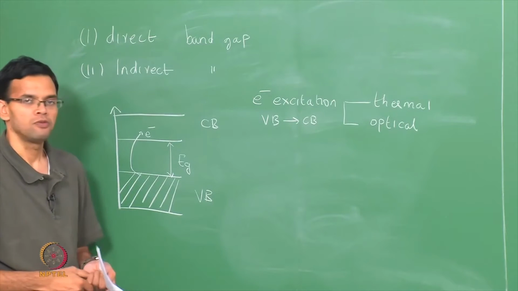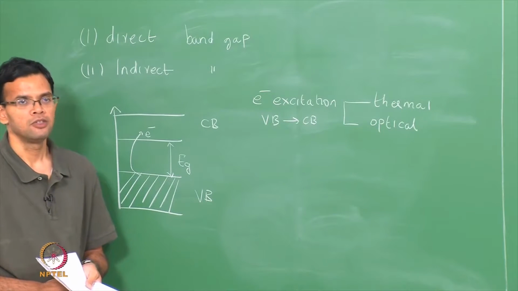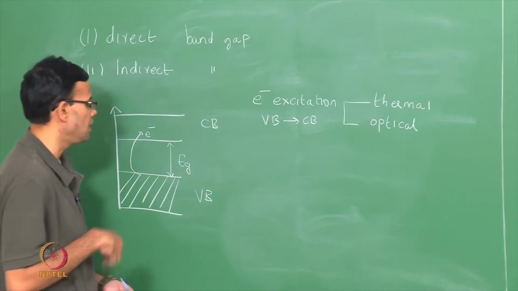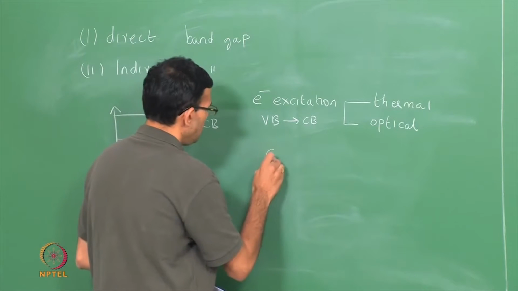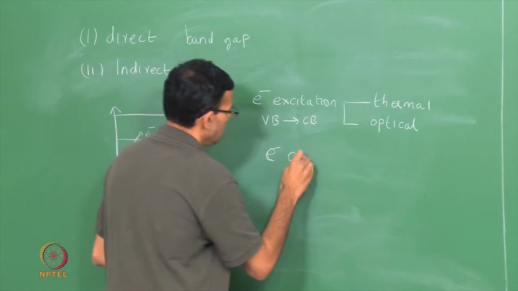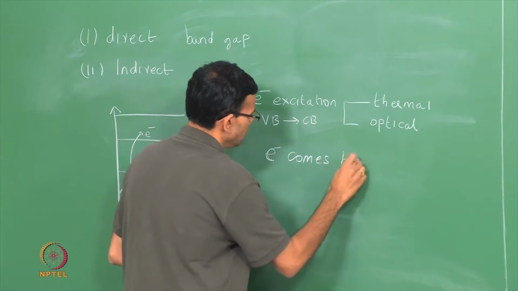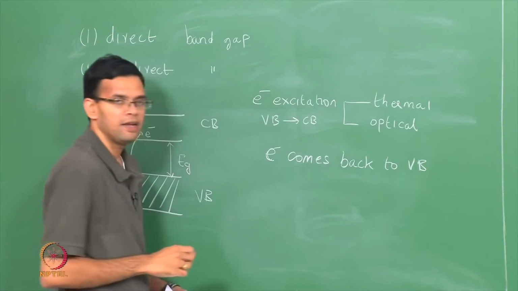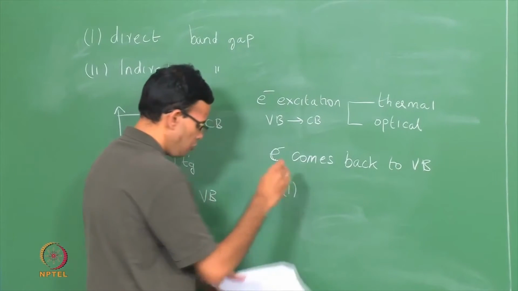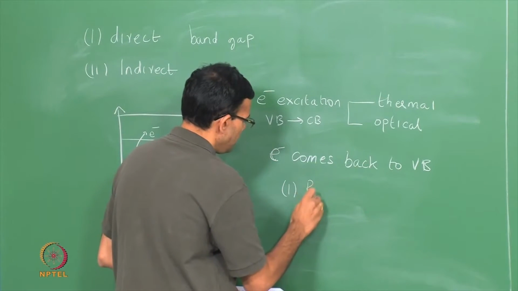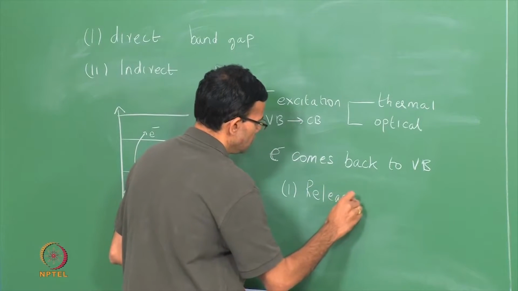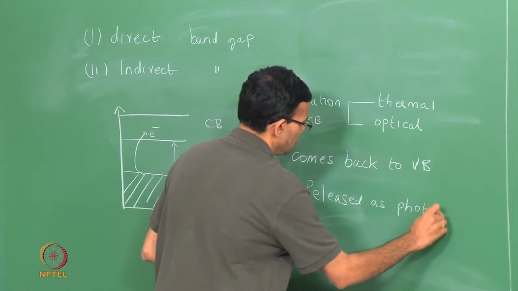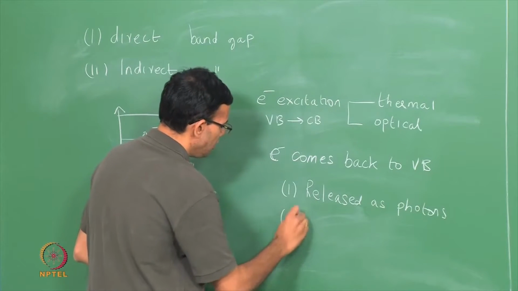Now, this electron wants to come back to the valence band, so that it loses whatever energy it has gained, and this energy loss can occur in two ways. So, when the electron comes back to the valence band, it can release the energy in two ways. One, it can release it as photons, or you can release it as heat.